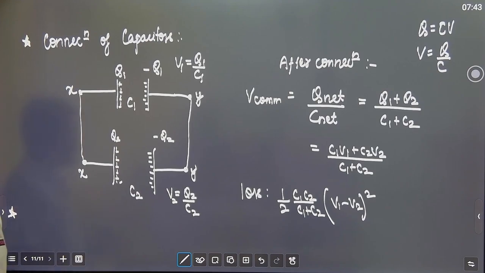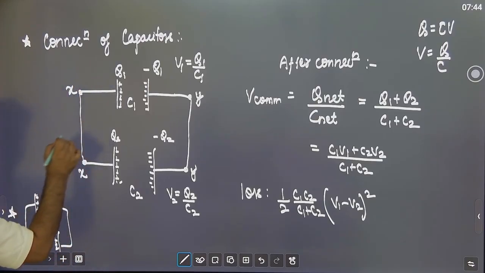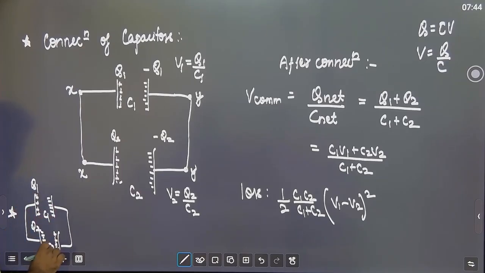If they reverse the direction, means positive plate they connect with negative plate, and negative plate they connect with positive plate, like this. All other things same. Initially this was having charge Q1, this was having charge Q2, capacitance was C1 and C2, voltage was V1 and V2.